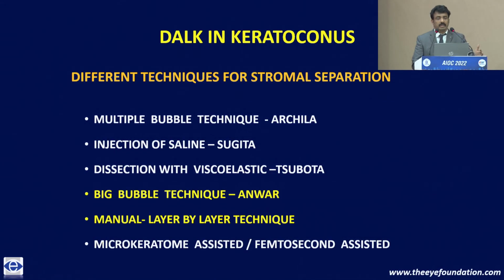The common technique which we use is the big bubble technique, which was proposed by Anwar and Teichmann. If the big bubble technique is not possible, we can go ahead and do a manual layer by layer technique. These are other techniques proposed by different authors, and they can be used if the big bubble technique is not possible.